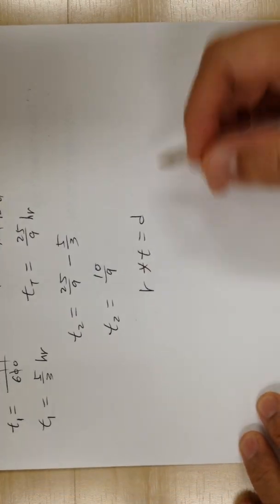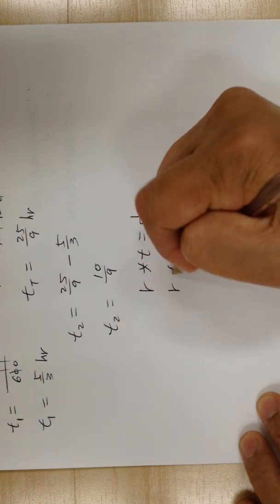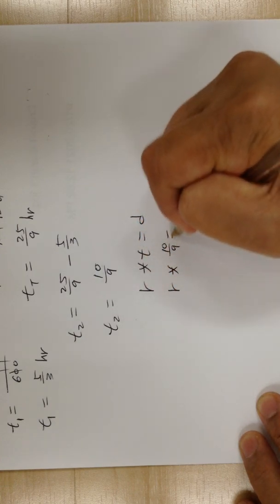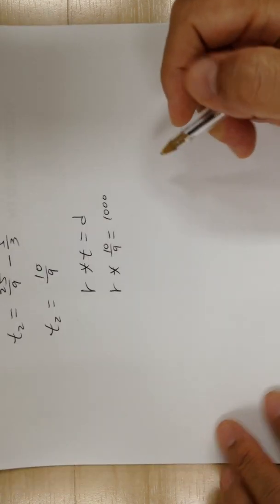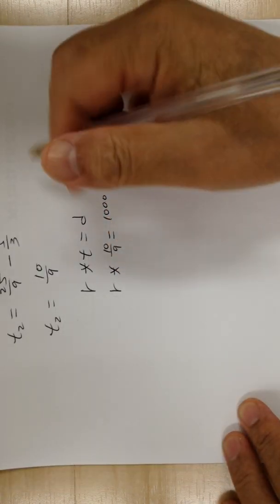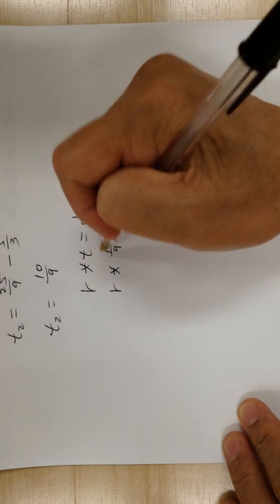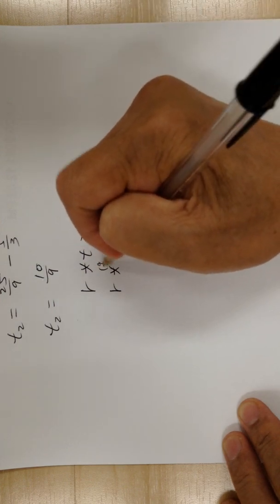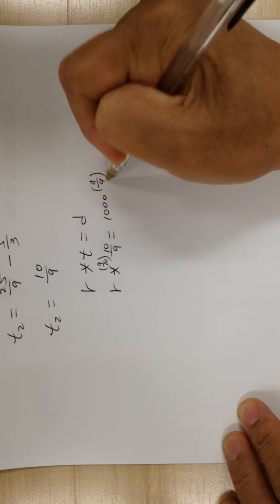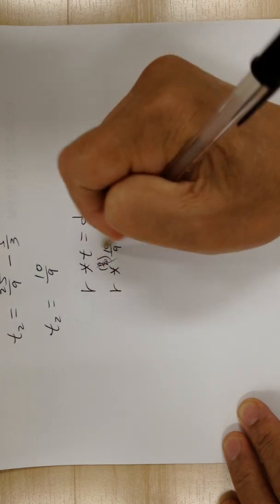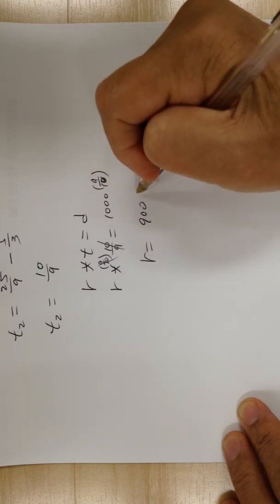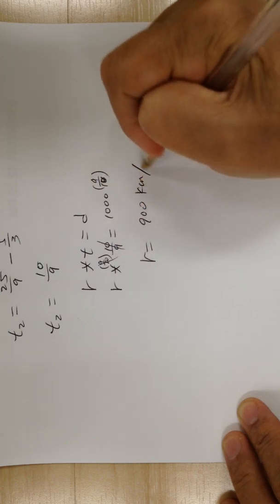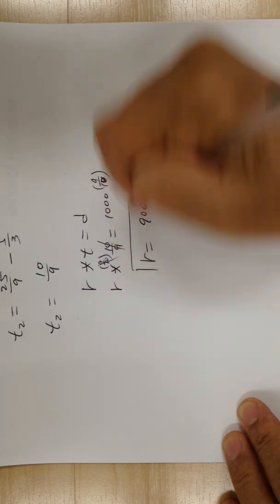So r times 10 over 9 equals the distance, which is 1,000, right? So multiply by the reciprocal, 9 over 10, and this will cancel out, so r equals 900 kilometers per hour, and that's it.